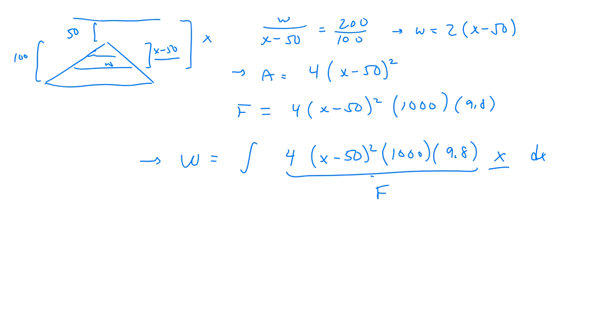And what are the limits? Actually, I should probably put in that this is a 60. So when I'm moving down from the platform, I first hit it at 90. And I keep going to the bottom, which is at 150.